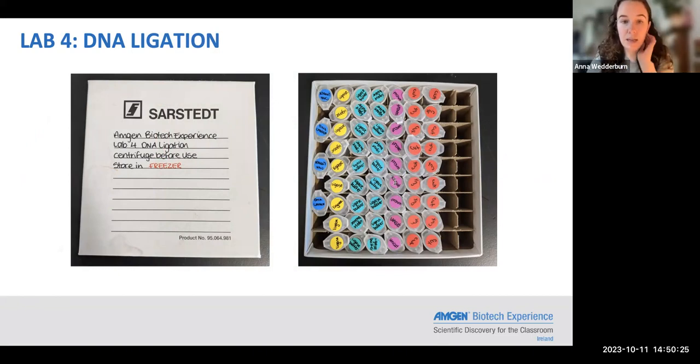Again, we used to give these in boxes, but now it'll be given to you in just bags. I think it makes it easier for you. So the 4 different things plus DNA ladder that you get are ligase buffer, uncut DNA, and cut DNA. So you'll get those in lots of nice separate bags, and they'll all be labeled that they're lab 4.